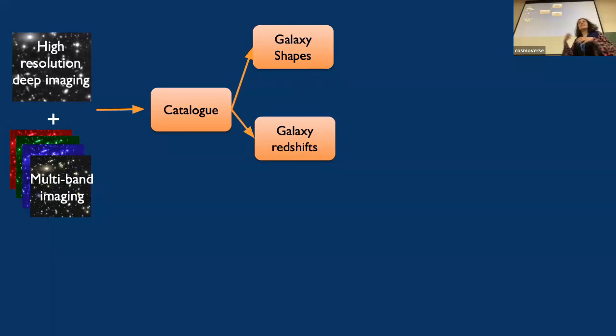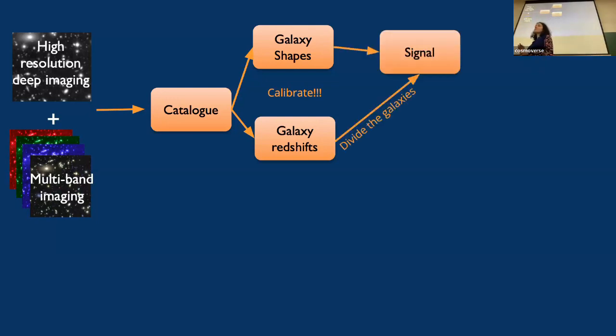So this is an estimate of the redshifts. Now, because our information is limited about both the shapes and the redshifts, what we get out can be biased. And we need to calibrate both of these components. And I'll talk about that a little bit in a few slides.